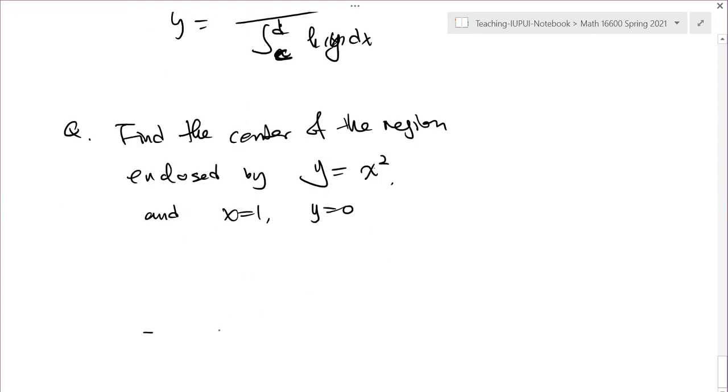So what does it mean? You have to draw the graph first. This is a curve, x equals 1, y equals 0. So that is the region I'm talking about.